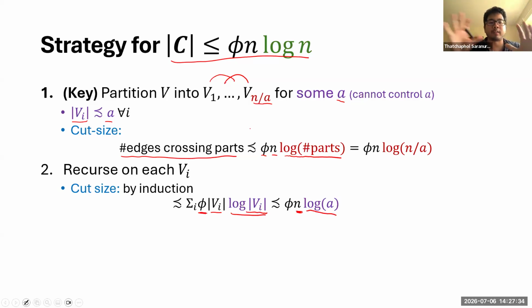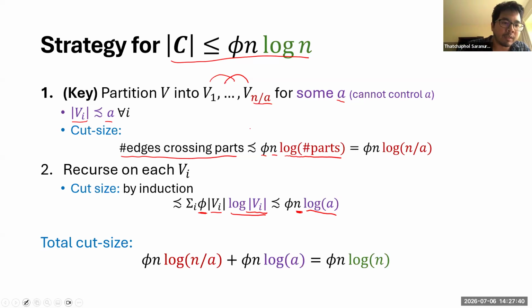So the total cut size when you sum them up looks like this. In this first level, we pay phi n log n over a. In the recursion, we pay phi n log a. In total, this gives you phi a log n. This is optimal. Okay, so this looks great, and this is our strategy.